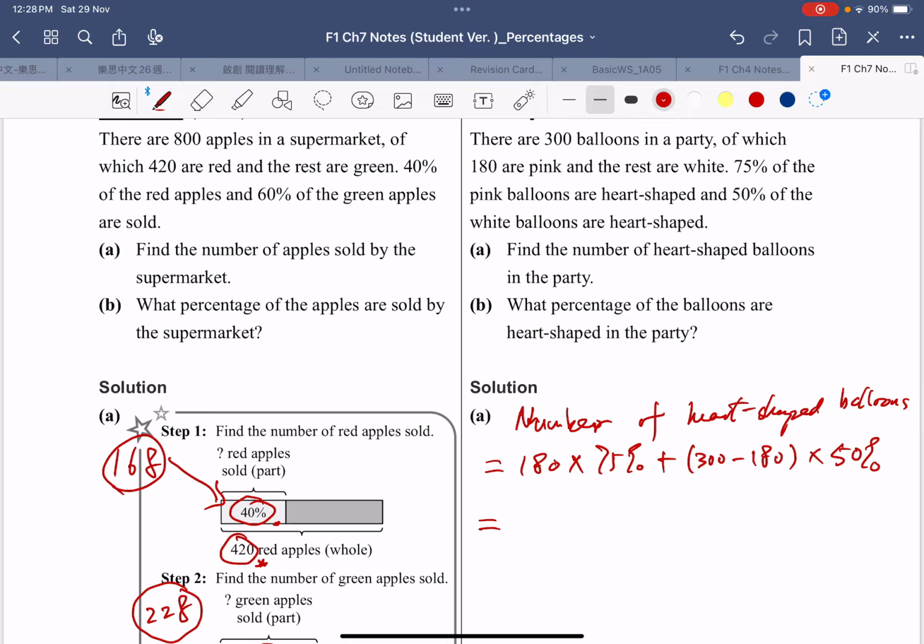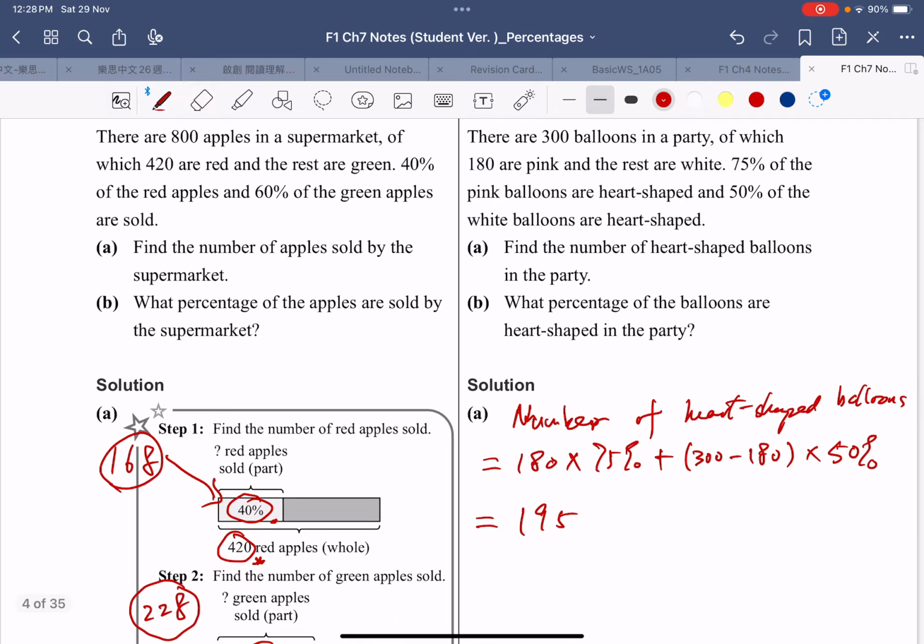Okay, so calculate the whole number will be 195, right?